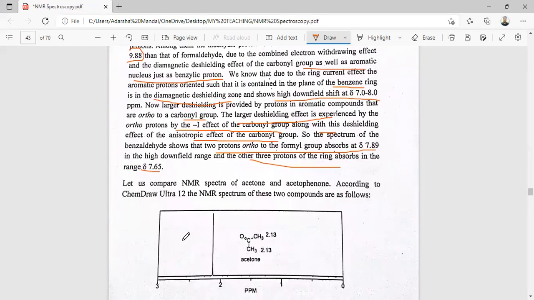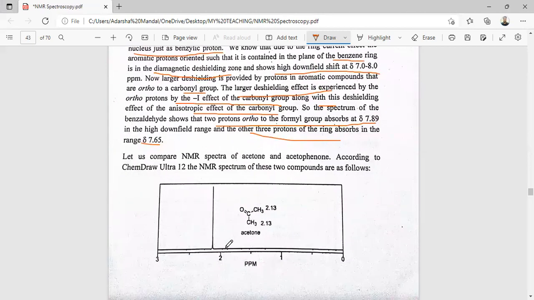Let us take an example, acetophenone. Acetophenone has one set of protons in the methyl group, so all these hydrogen protons are equivalent.